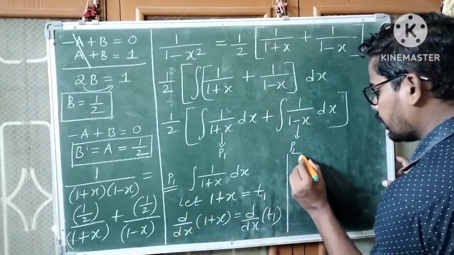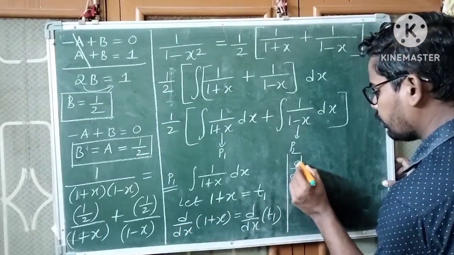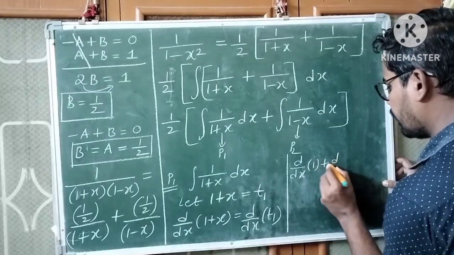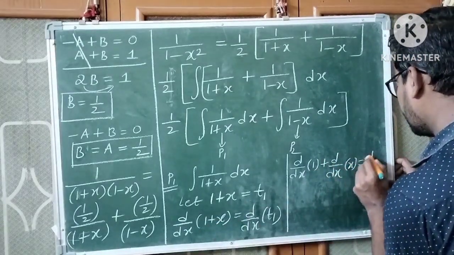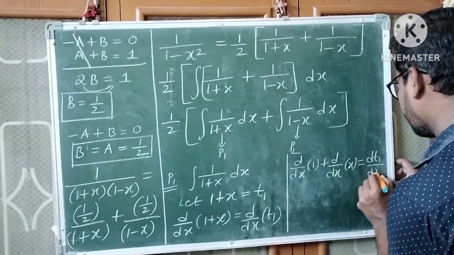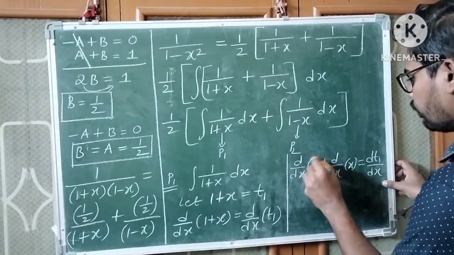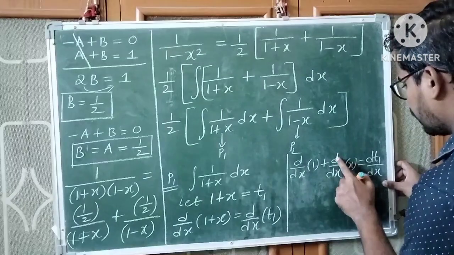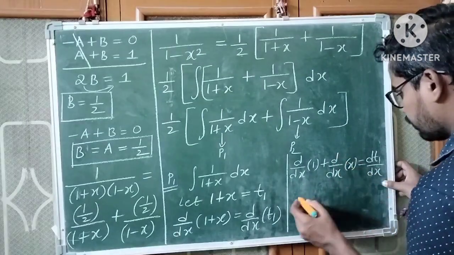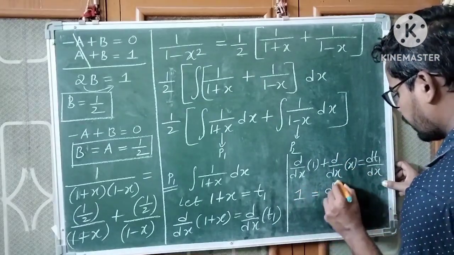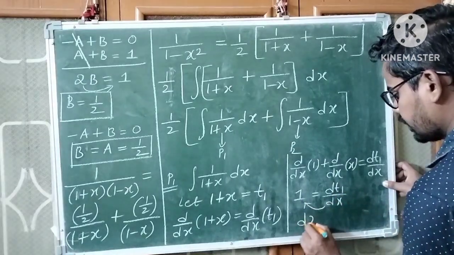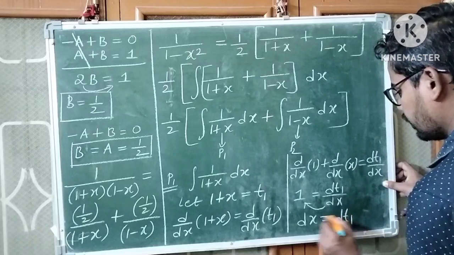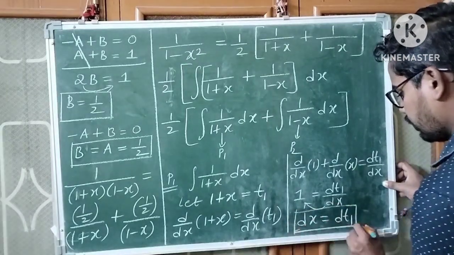Now distribute d by dx, the derivative. So d by dx of 1 plus d by dx of x is equal to dt1 by dx. The derivative of the constant is 0, and the derivative of x, dx by dx, is 1, which is equal to dt1 by dx. Now transpose dx, you will get dx is equal to dt1.